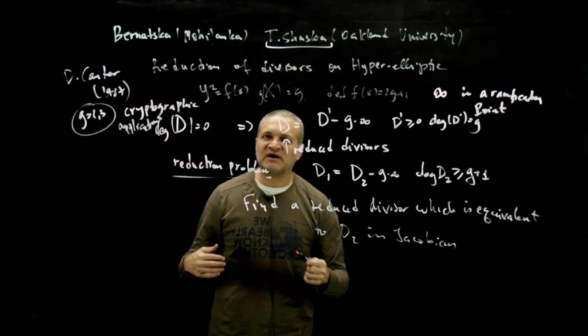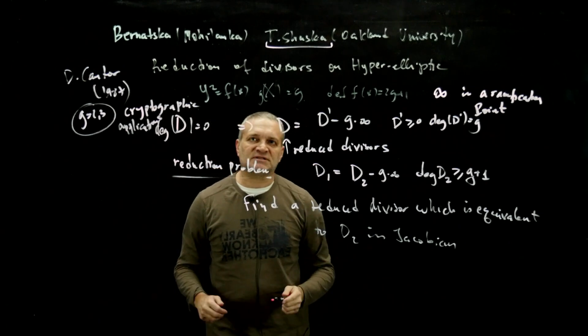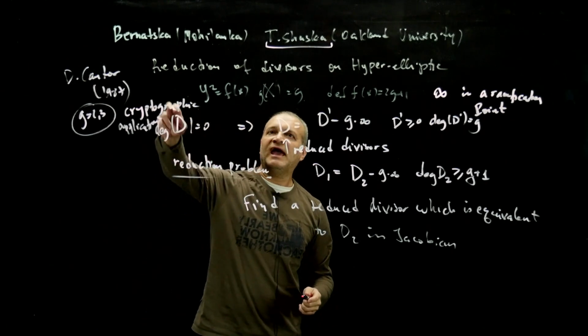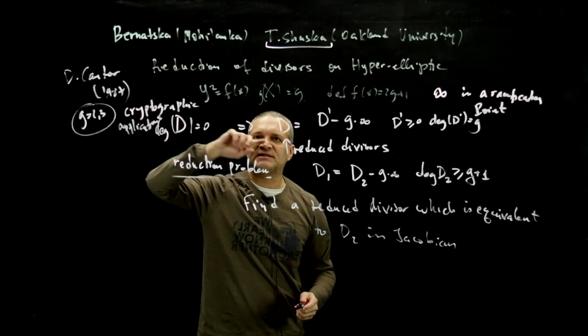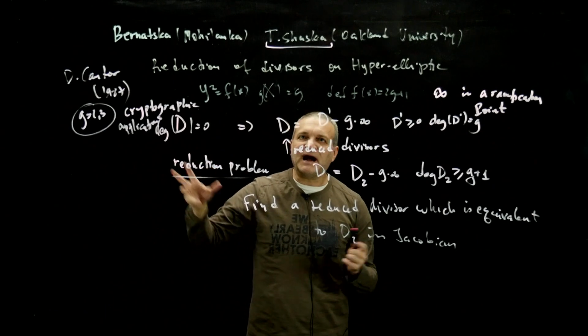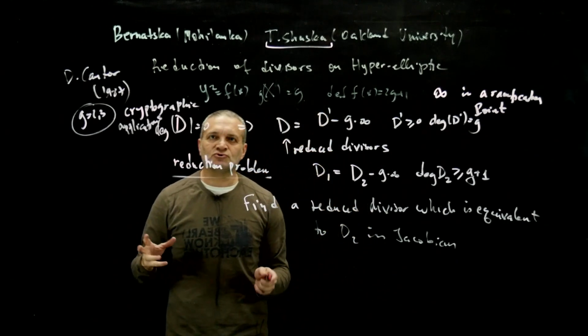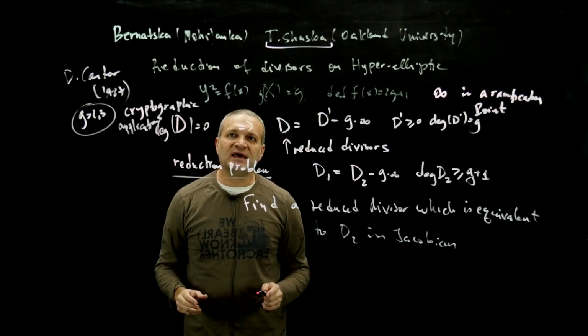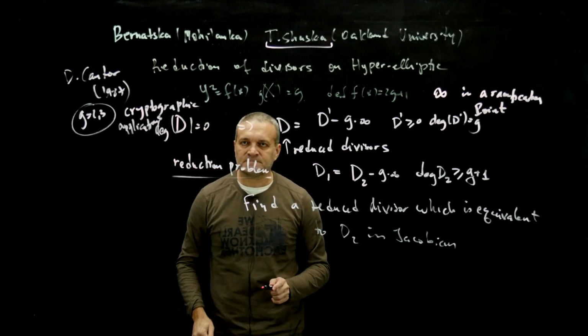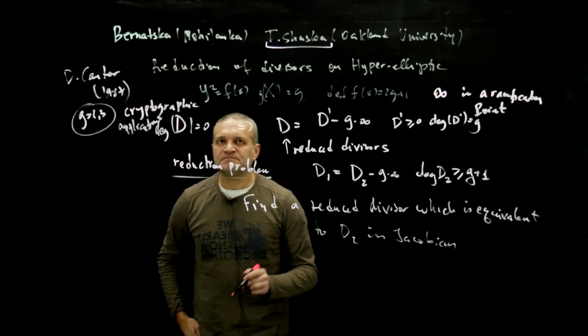It's a simple consequence, I wouldn't say very simple, but a simple consequence of it. And Julia kind of inspired me to do it, because she asked me a couple of questions which led to what I'm going to present now.